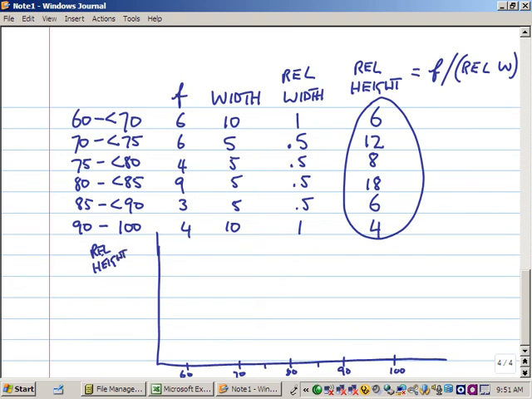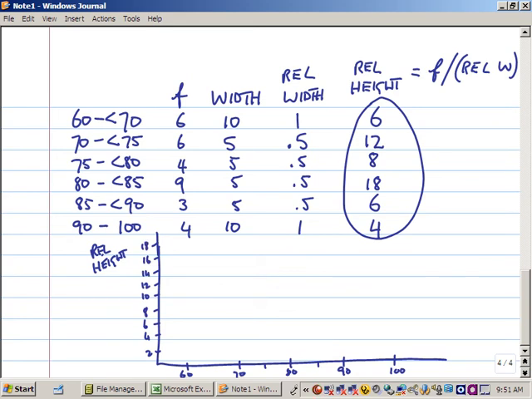Over here, I need to go up to 18, and now I'm sort of pushing myself in terms of scale. 2, 4, 6, 8, 10, 12, 14, 16, 18. And again, I'll show a better rendition of this on the next page.